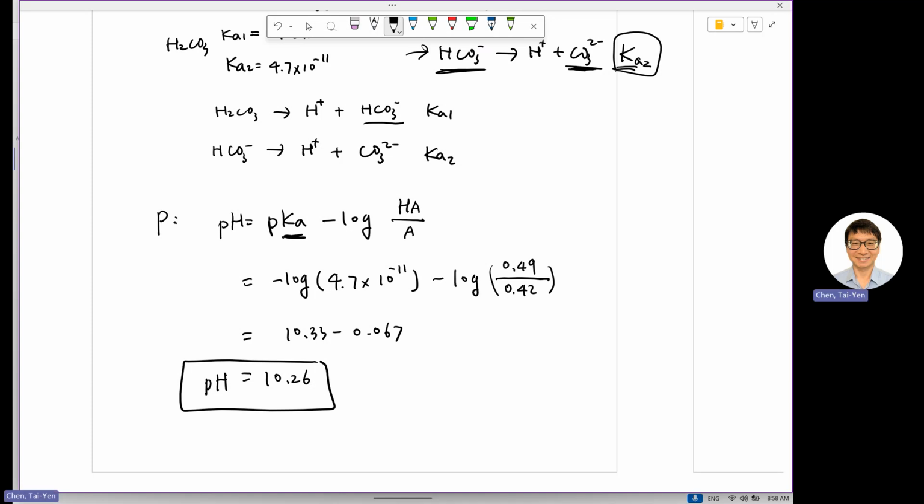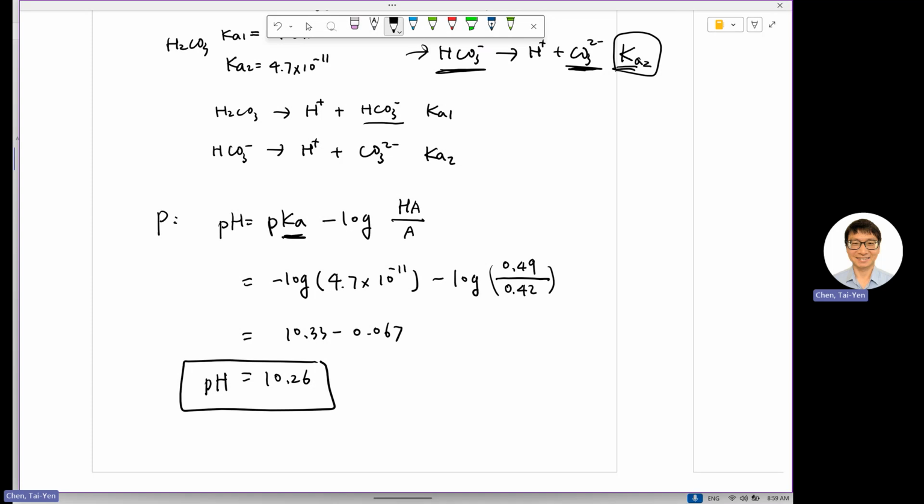Any question for this? Yes. So do you have a problem with the equation I wrote there? H2CO3 becomes H plus and gives you HCO3 minus.